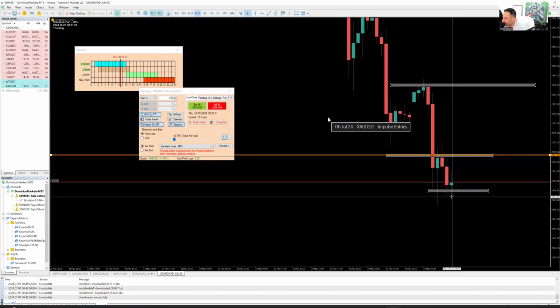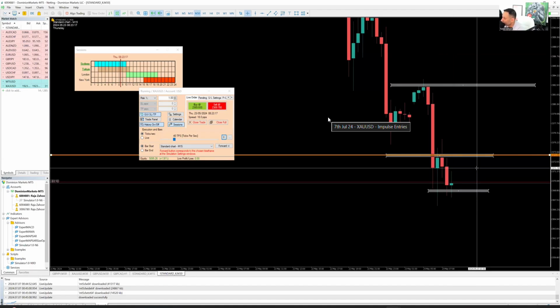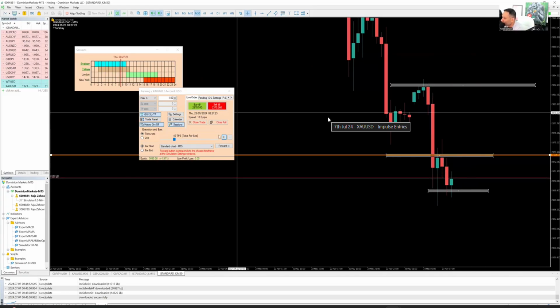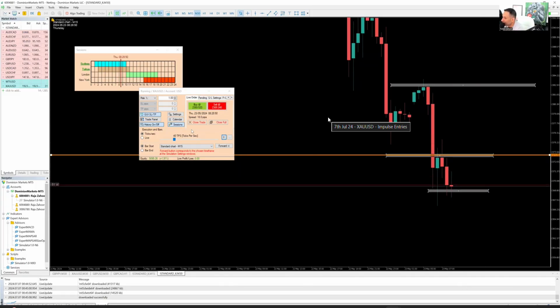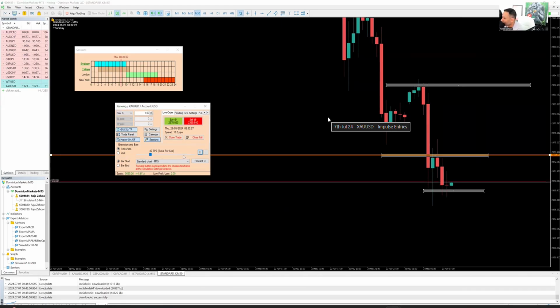Yeah, didn't move forward there. Very, very tough at this point. We're just stuck in this range here now. We're moving towards London Open, so we're going to see what sort of opportunity we get around London Open. But yeah, very tough at this point.